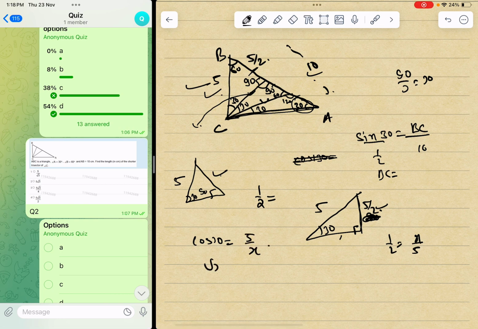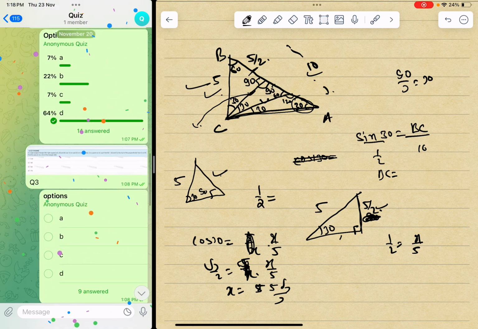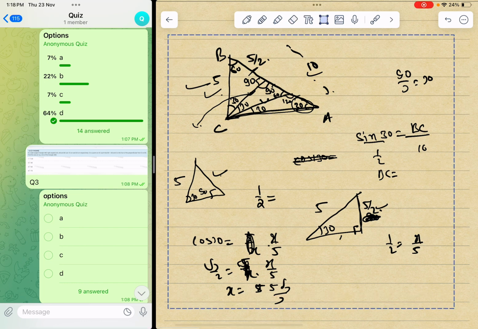Cos 30 is root 3 by 2, equal to 5 by x. So x is 5 into... what am I doing here? x by 5, such silly errors. So x I got as 5 root 3 by 2. So the fourth option is the answer. Correct. If you are good with geometry, all these questions would have been done.